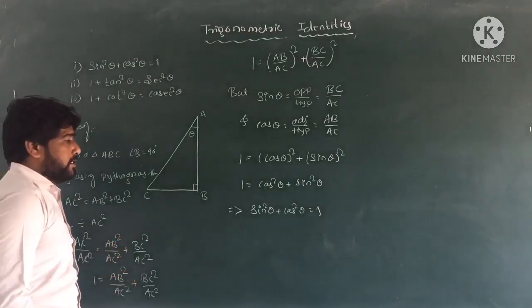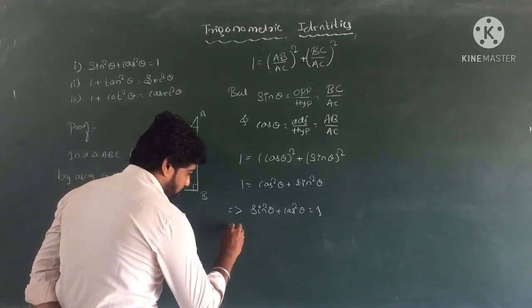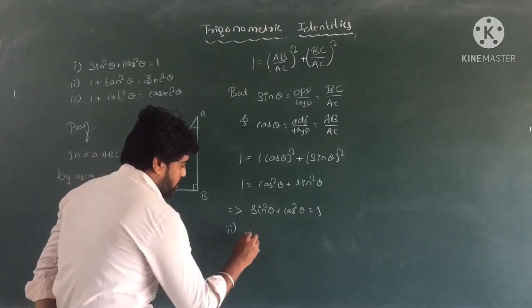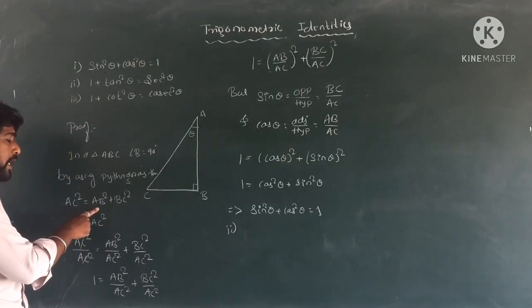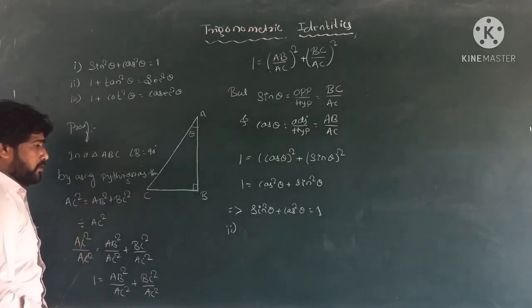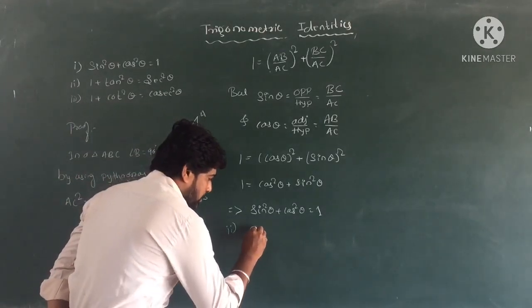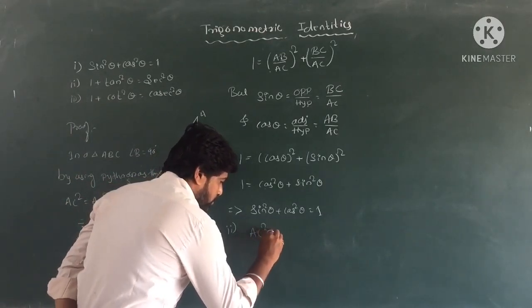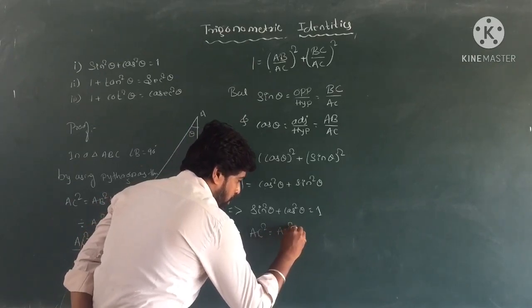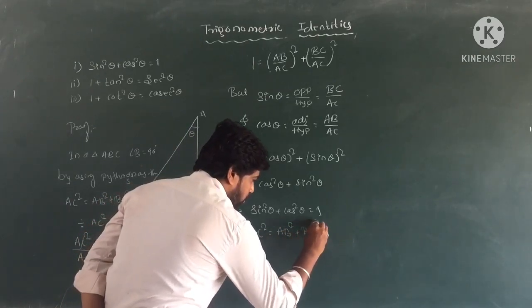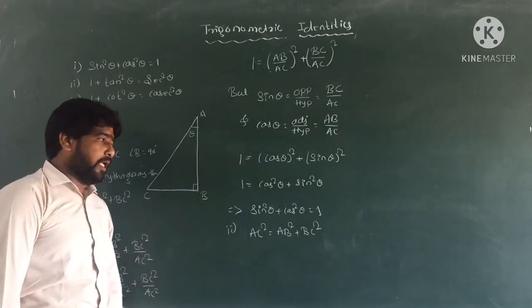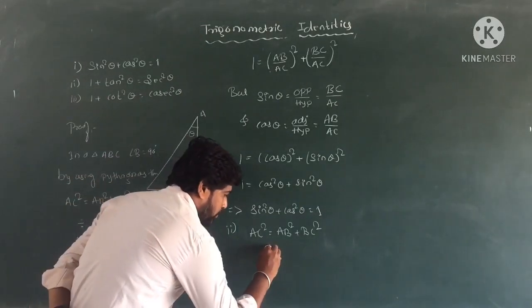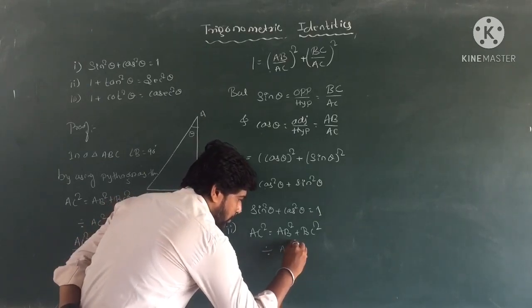And similarly, the second identity. Here also consider this equation: AC square is equal to AB square plus BC square. Now the whole equation divided by AB square.